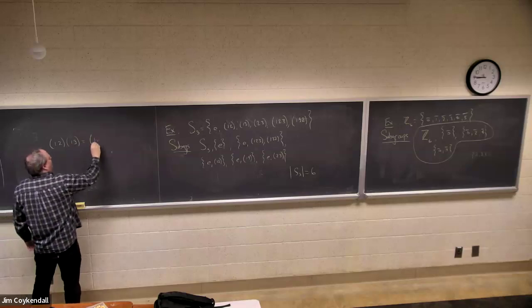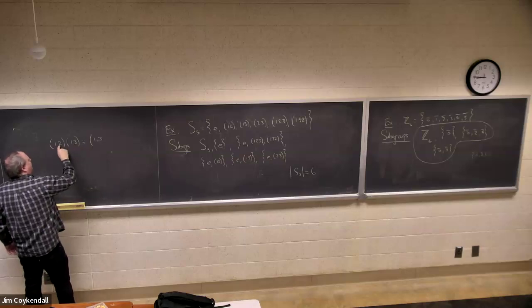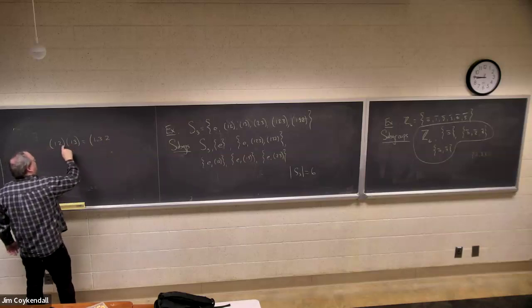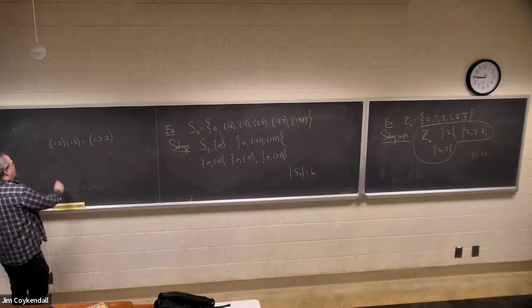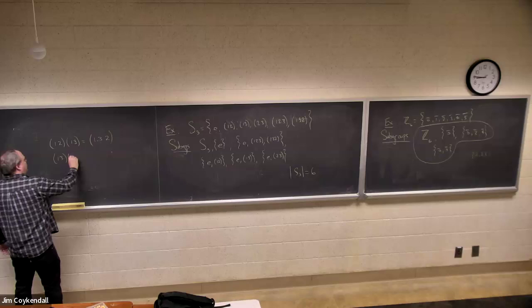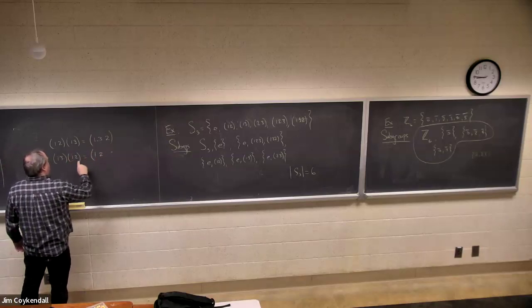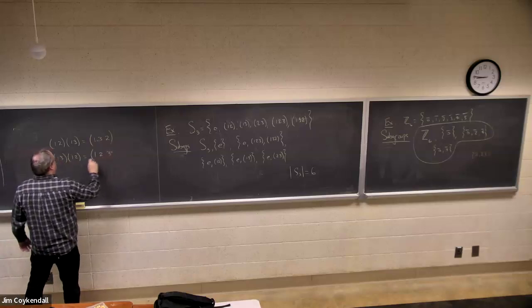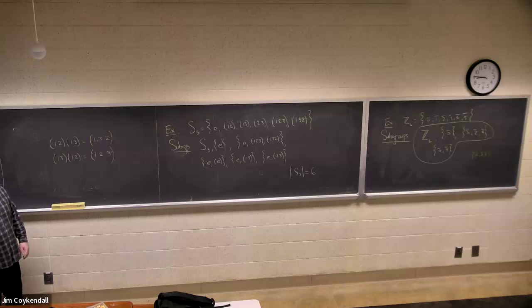Let's see, what is this? 1 goes to 3, then it's left alone. 3 goes to 1 to 2. 2 goes to 1. But if you do it the other way, 1 goes to 2, 2 goes to 3, 3 goes to 1, and it's different.